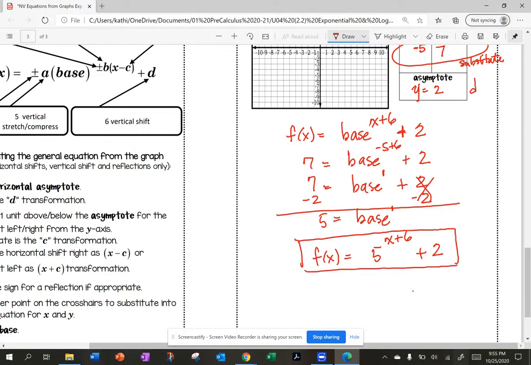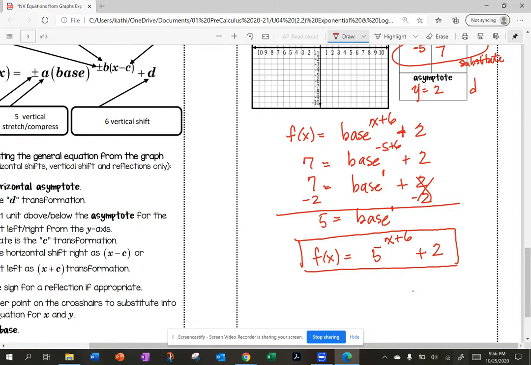Okay, so first I find the asymptote. Then I look for the point that is 1 unit above the asymptote. That's where this x coordinate is the c transformation. And then I find another point anywhere that's on the crosshairs, and I substitute that in to find the base.